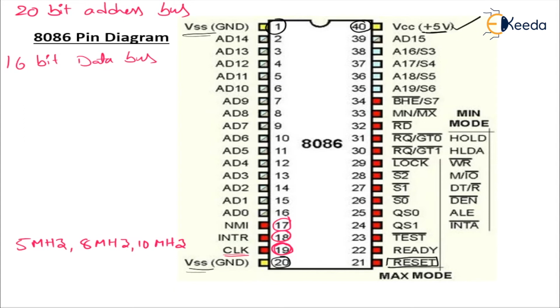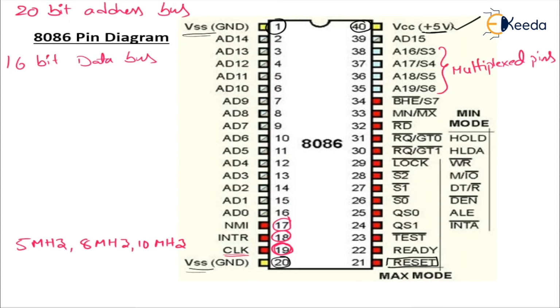Now coming to the address and status bus, which is called the multiplexed bus. The multiplexed pins are from pin number 35 to 38.